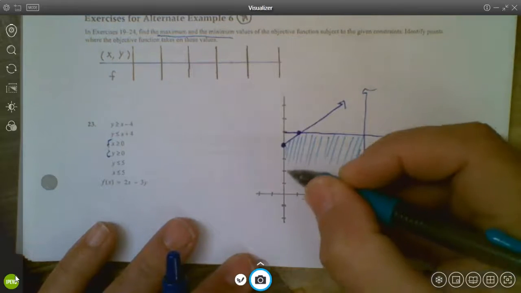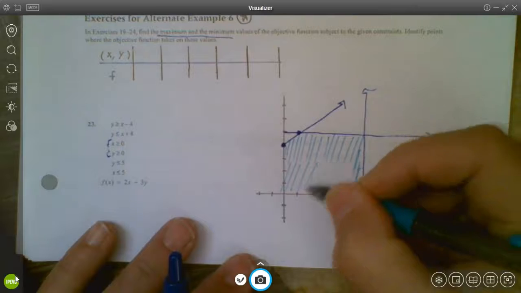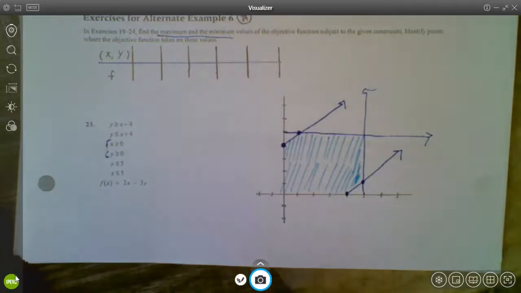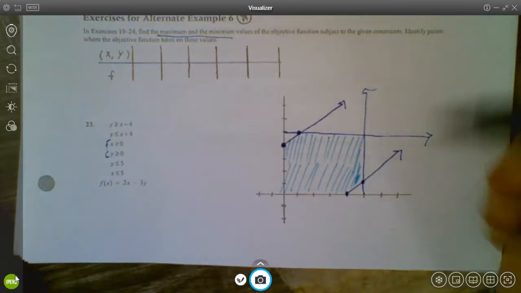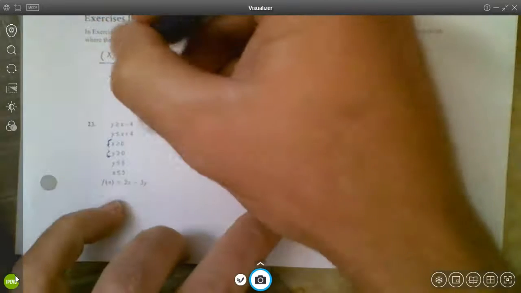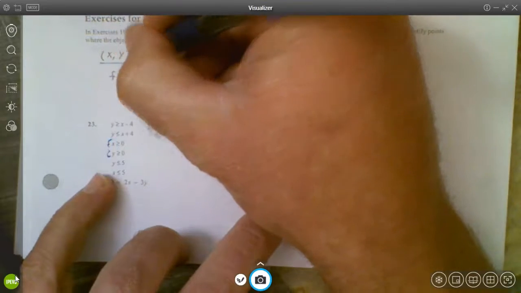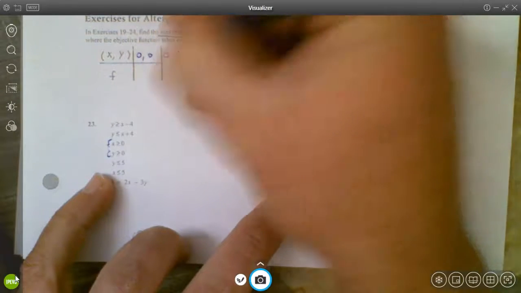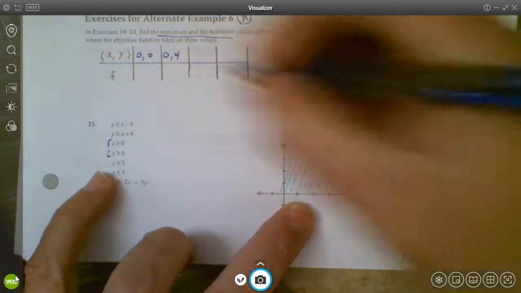So what they are asking me to do is to come up with the minimum and maximum values within that shaded area. So we always want to identify sort of those corner points within this. So we could even start right here at 0, 0. Right here I'm at 0, 4. Right here I'm at 1, 5.